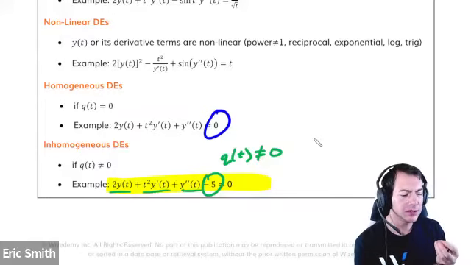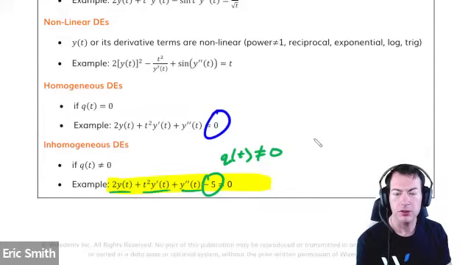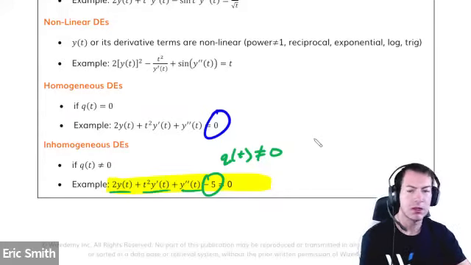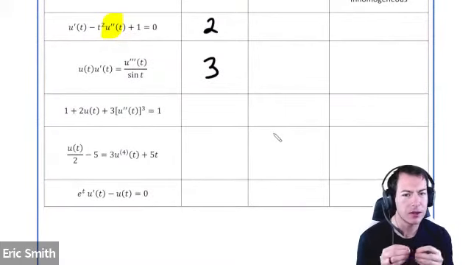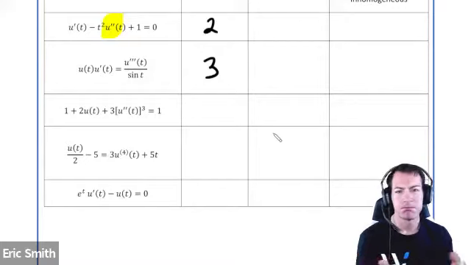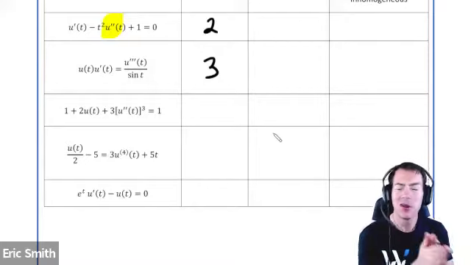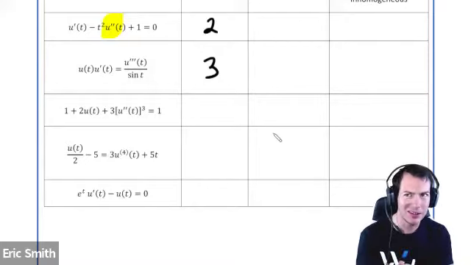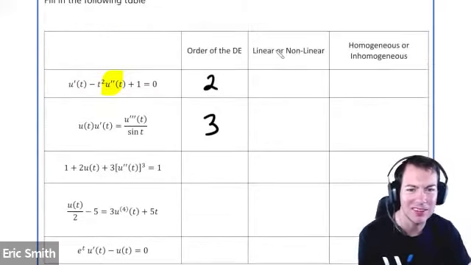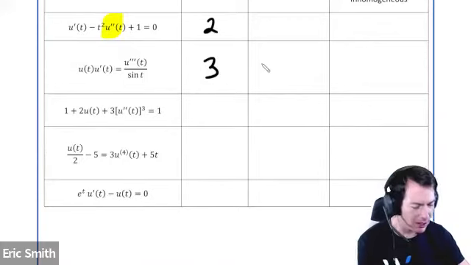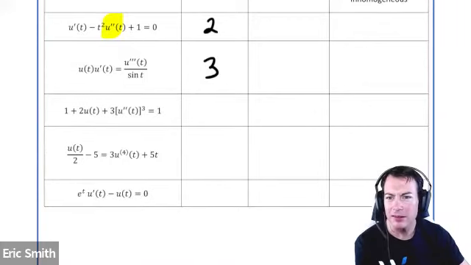The function that is not involved with the original function, if that is 0, then it's homogeneous. And if it's not 0, then we say it's inhomogeneous. Again, don't necessarily think of connecting it with linear or nonlinear. You could have nonlinear homogeneous equations and you can have linear homogeneous equations. We're all just kind of packaging all kinds of different things together. All right, I think that takes care of those questions.